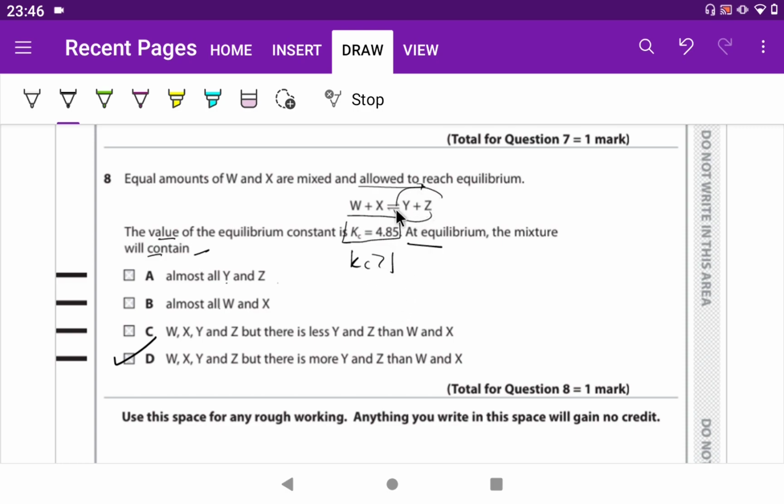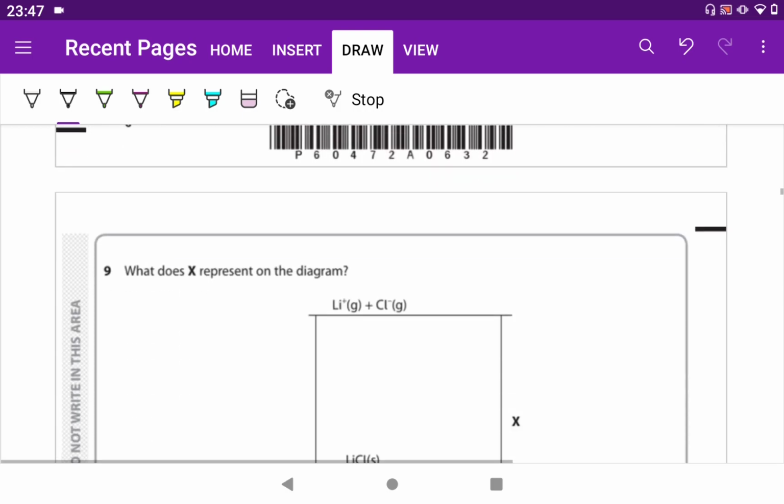So the larger quantity will be Y and Z. W, X, Y and Z will all be there, but the quantity of Y and Z will be higher than W and X, because W and X react and form Y and Z in the forward direction. So the answer D is correct.